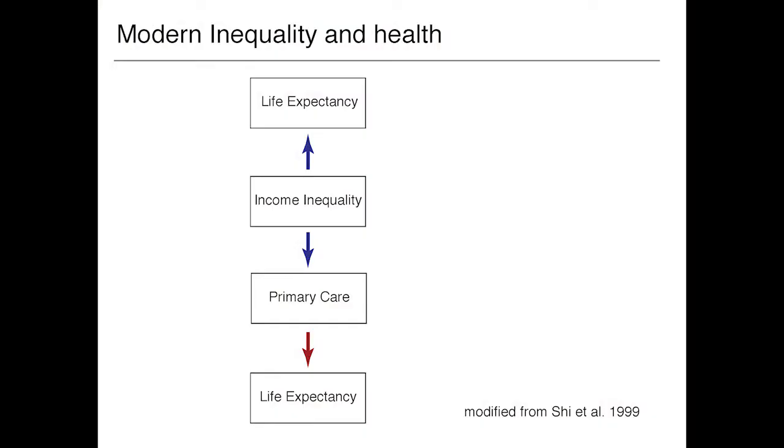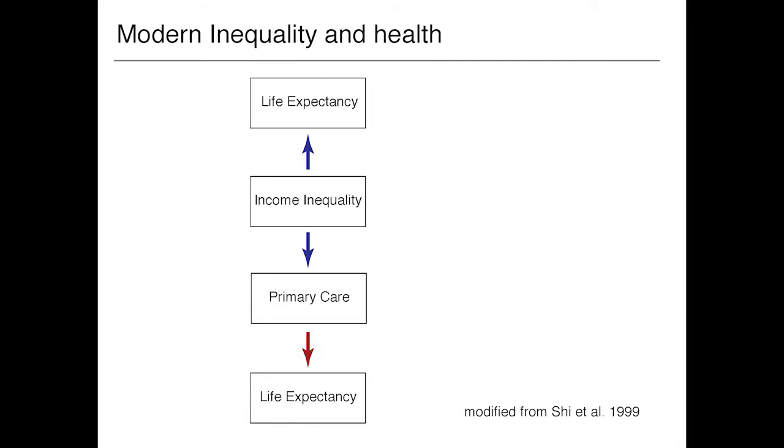The chart that we're looking at here was modified from a paper in 1999 where they were trying to understand what some of the drivers may be between this association of poverty and disease. So what we're looking at is income inequality. As income inequality increases, what happens in these impoverished communities? Well, you see, one, their life expectancy goes down.